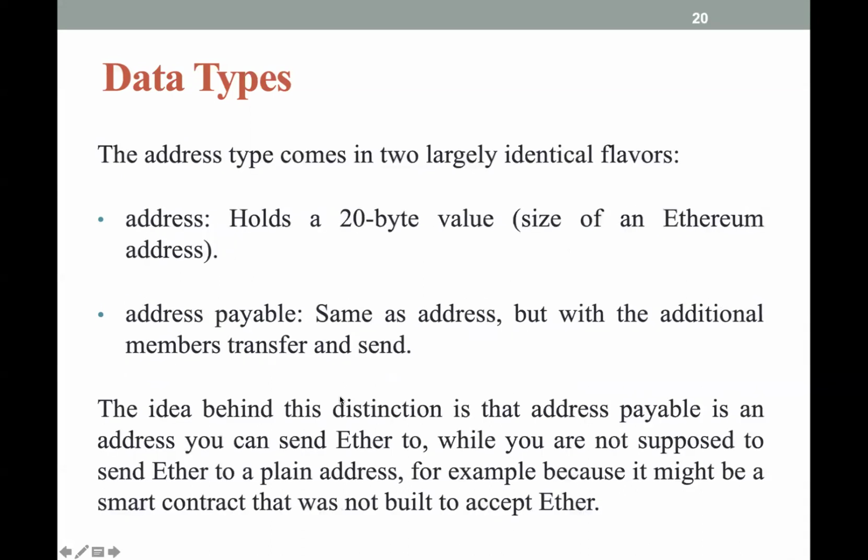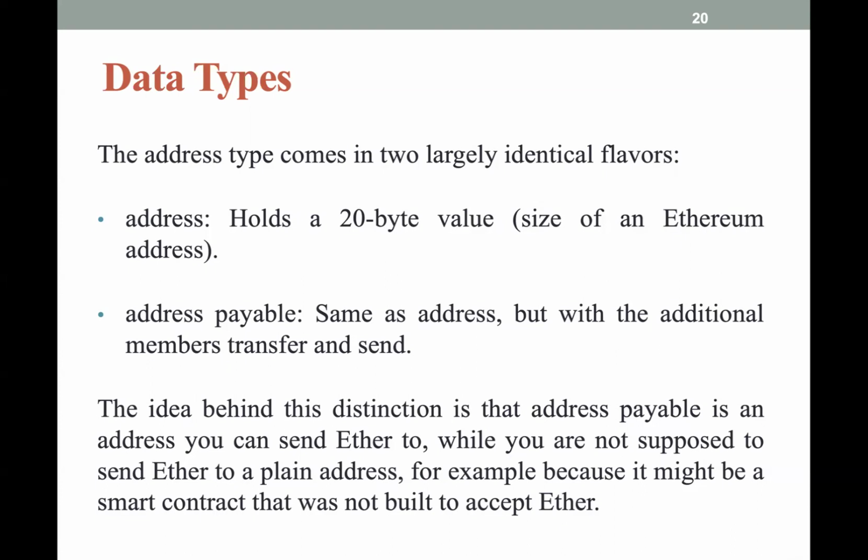Now, the next data type is a very important data type. It's new in the Solidity language. This data type is called address. Because when you talk about a smart contract, we store the address of a particular person because it's a contract between different parties.